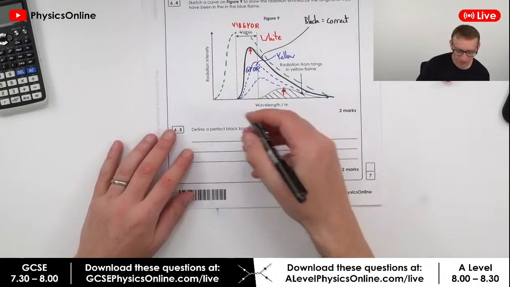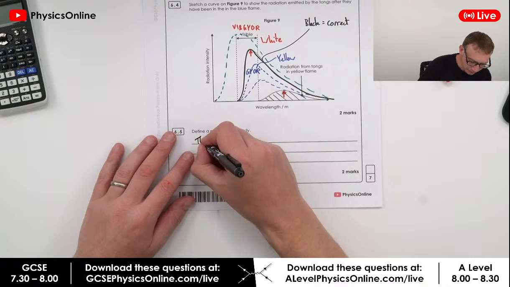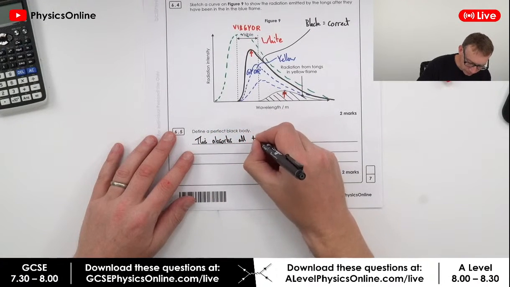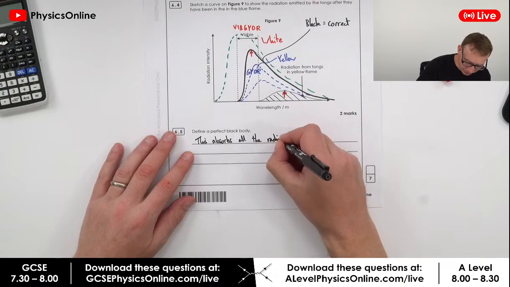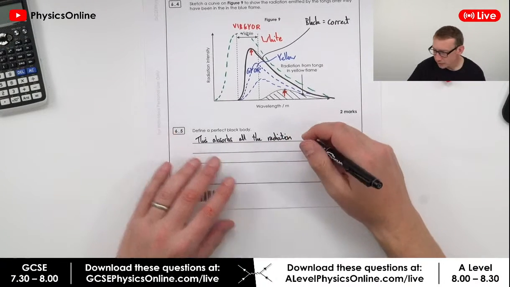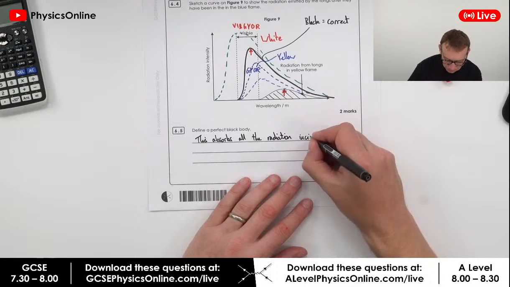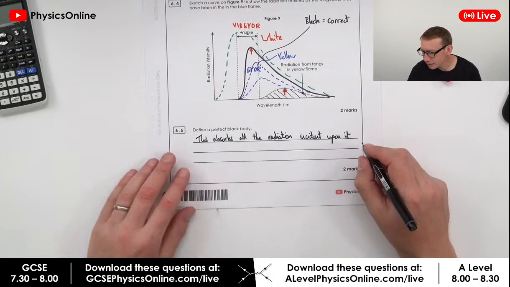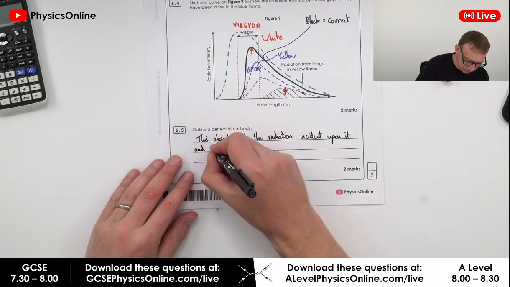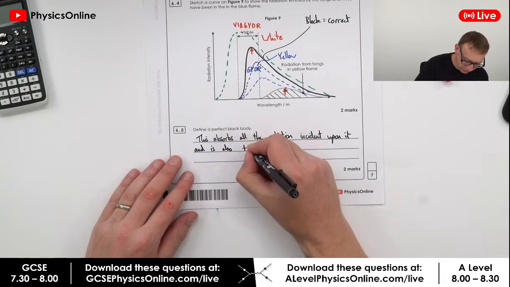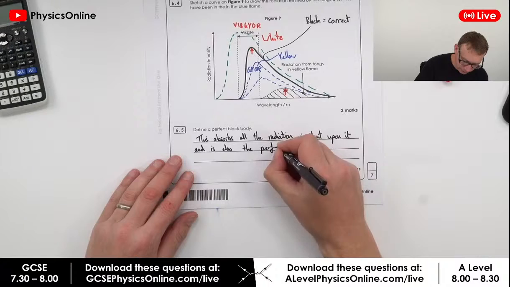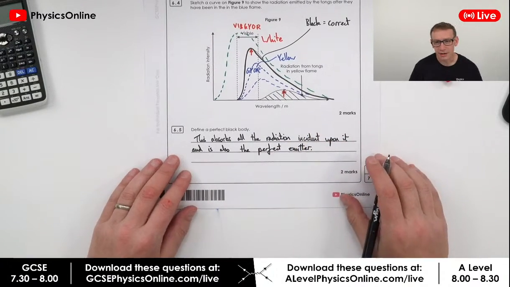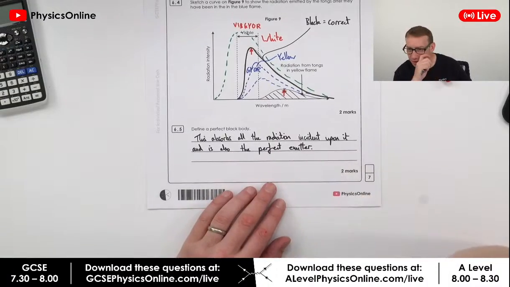So, a perfect black body absorbs all the radiation incident upon it, and is also the perfect emitter. Okay, so this is a definition that you just need to know.